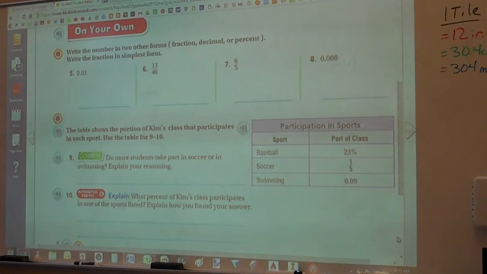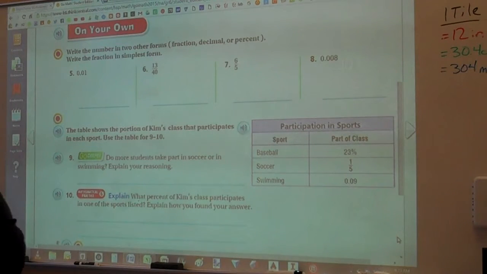We've seen this before when we were talking about ratios. If I say 6 over 11, you would write 6 to 11 and 6 colon 11. When I say 0.01, that's a decimal, right? I want you to write that as a percent and as a fraction. I want you to write the 2 that are not listed.